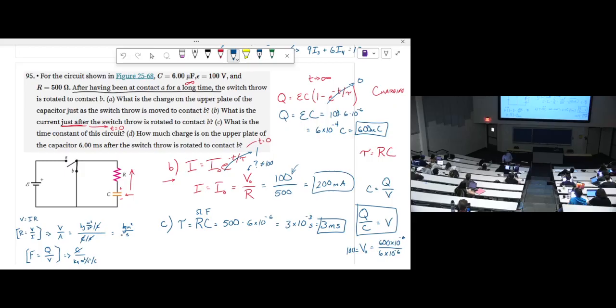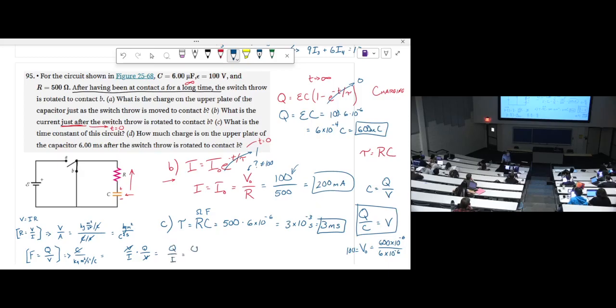So I would actually have coulombs squared here. Well, you can see where the volts are going to cancel out. Let's do it that way. R is equal to V over I, times capacitance, which is Q over V. That's the easier way to do it, rather than going back to SI. My volts are going to cancel out.